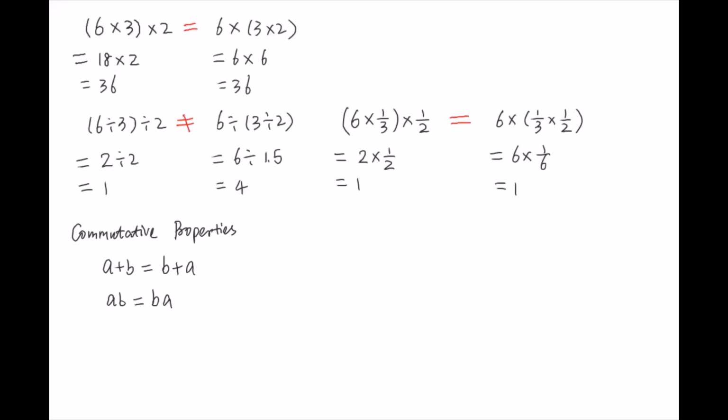This property works with addition and multiplication, but not subtraction or division. So a minus b in general is not equal to b minus a. And a divided by b is not equal to b divided by a.